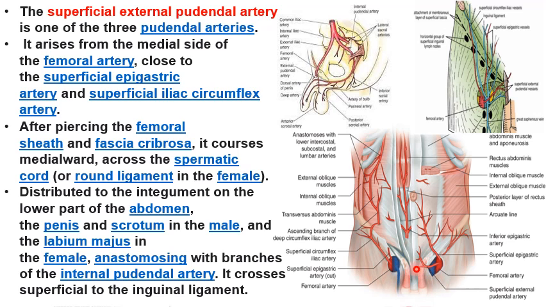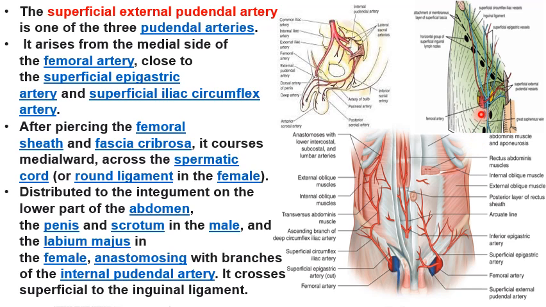It supplies the penis and scrotum in males and the labia majora in females. And it anastomoses with the branches of the internal pudendal artery by crossing the inguinal ligament.